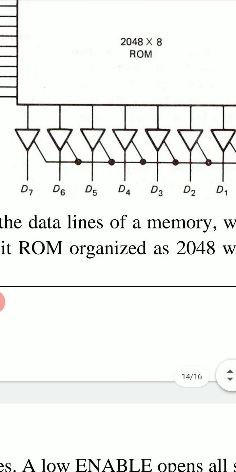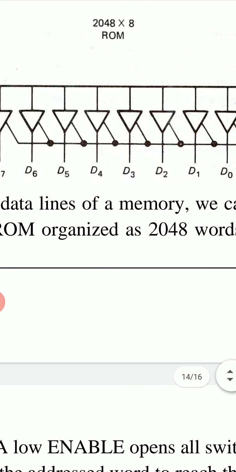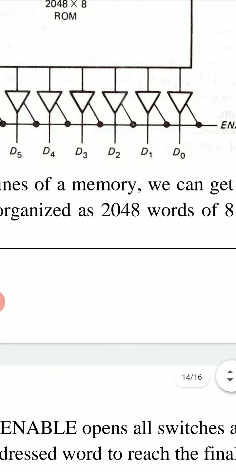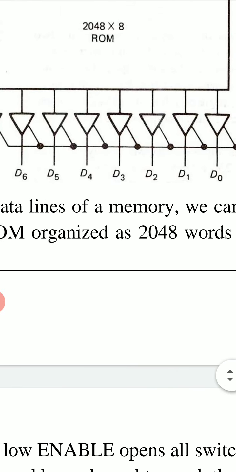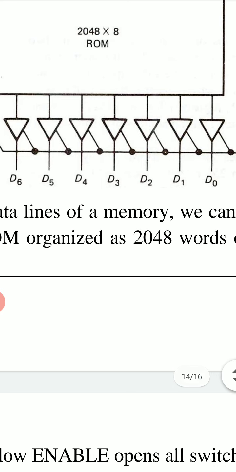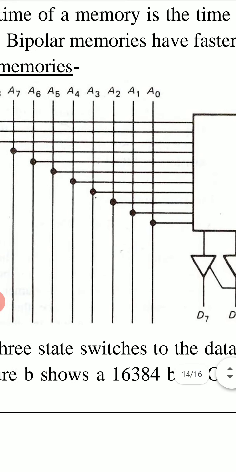These are the 8-bit words: D7, D6, D5, D4, D3, D2, D1, D0. And these are the address lines.